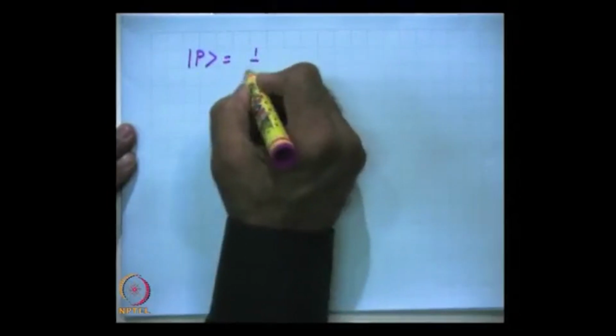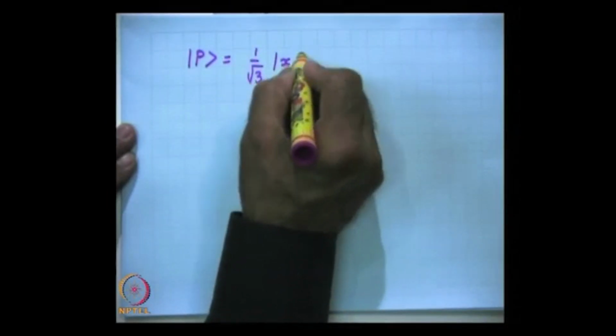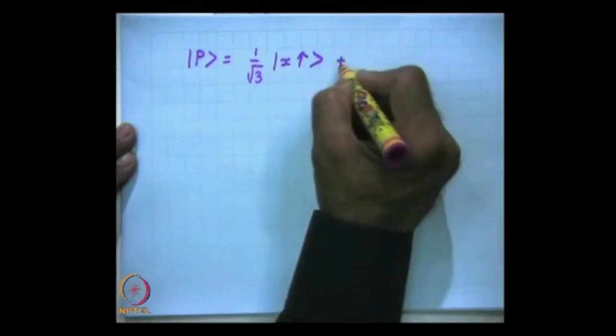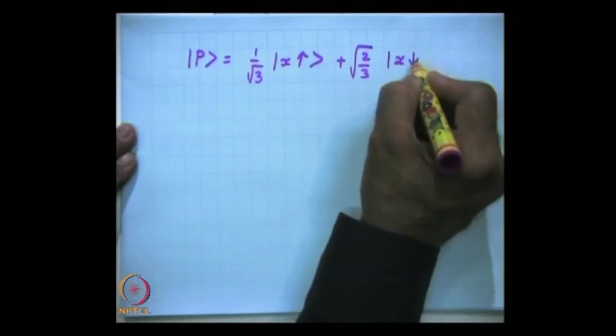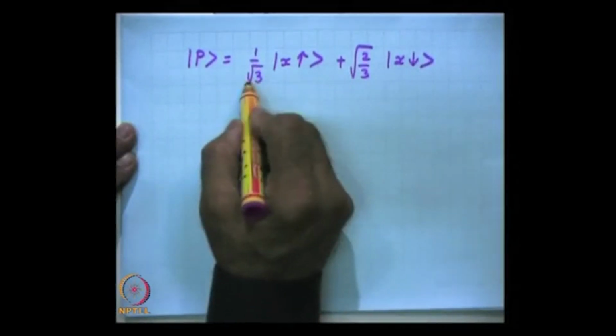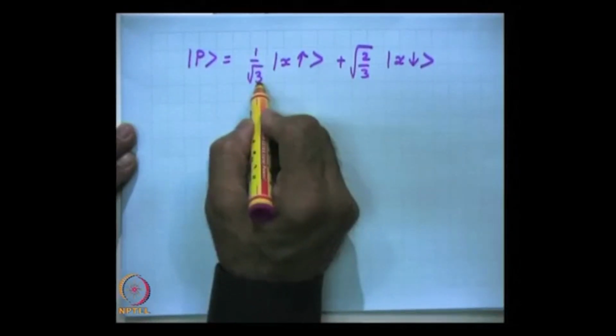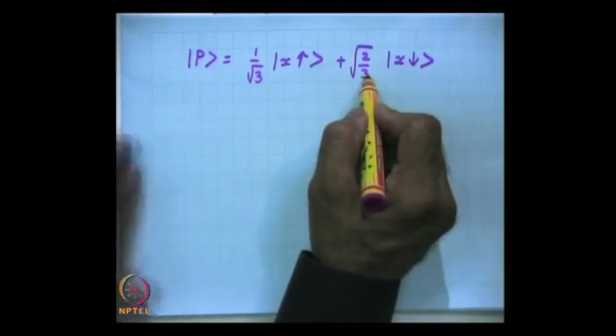But let me consider another state P. Let us suppose this is 1 over root 3 x up state plus root of 2 by 3 x down state. Now, this is normalized because 1 over root 3 whole square plus root of 2 over 3 whole square is 1.